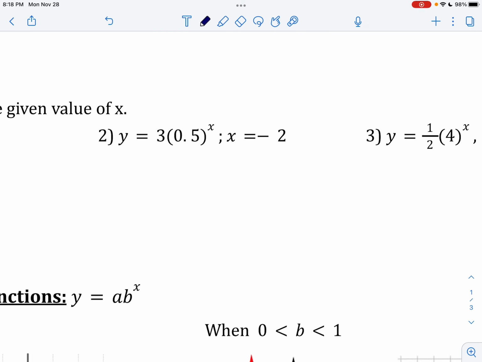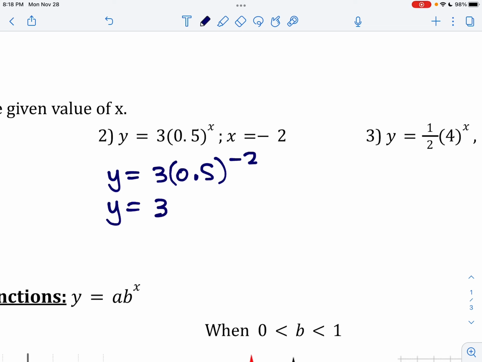If we look at number 2, we're just going to plug it in. y equals 3, 0.5 to the negative 2 power. Oh, we have negative 2, which is a negative exponent. And remember, we can't have any negative exponents. So what do we have to do with this?